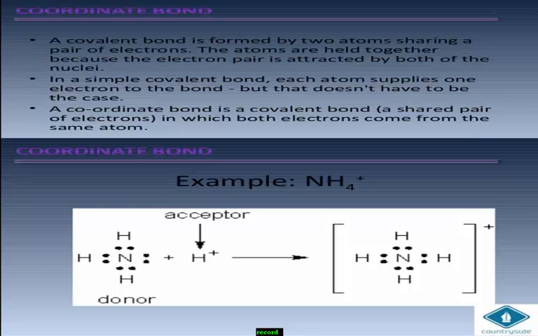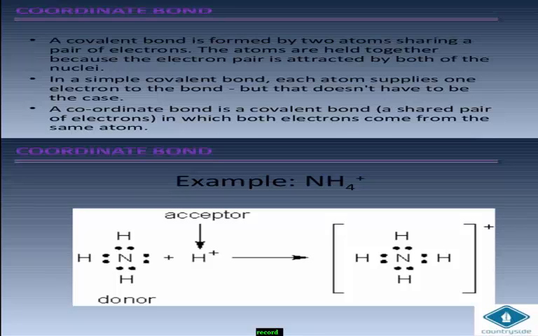When you observe the example of formation of ammonium ion, here NH3 is the electron donor and H+ is the acceptor. As NH3 and H+ combine, they form ammonium ion NH4+.